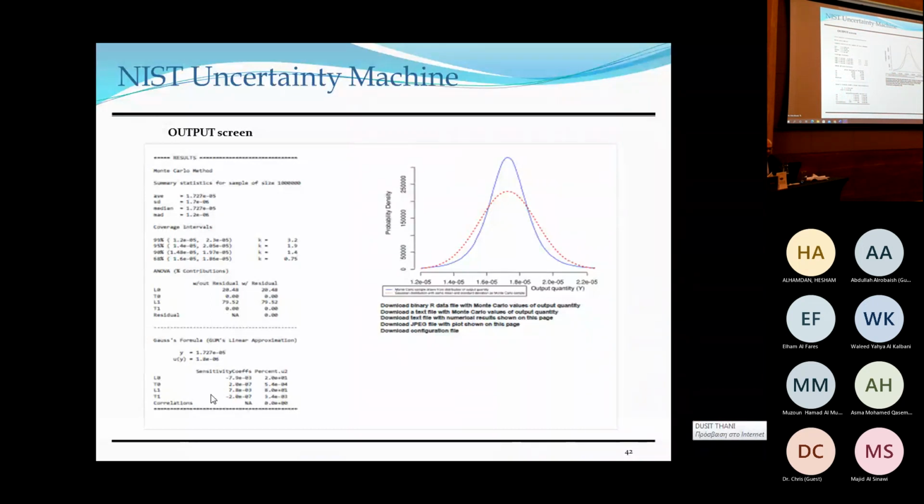And at the bottom, it also does the mainstream GUM or LPU or whatever you want to call it. It computes the value of the output estimate, the uncertainty of this value, and the sensitivity coefficients that were used. And again, the percentage contribution of each component of uncertainty to the total uncertainty.